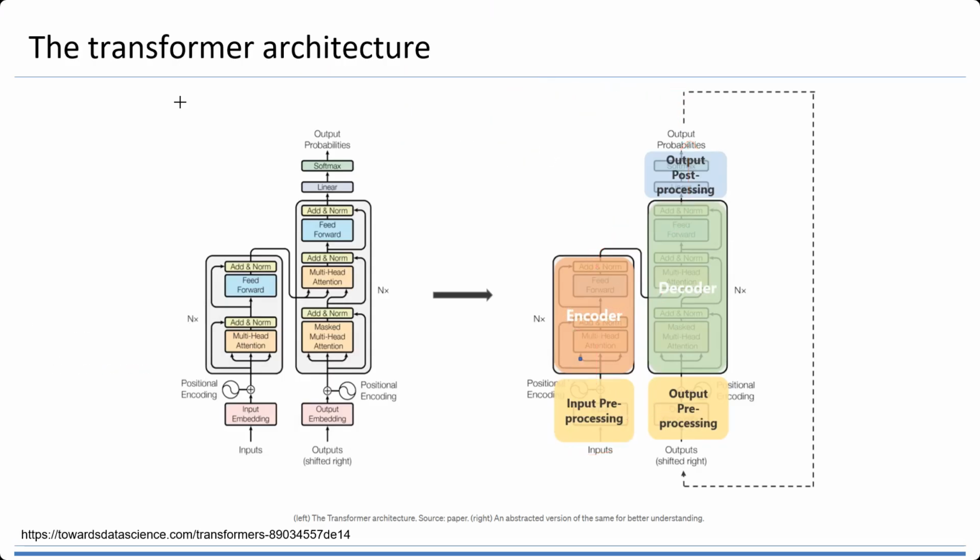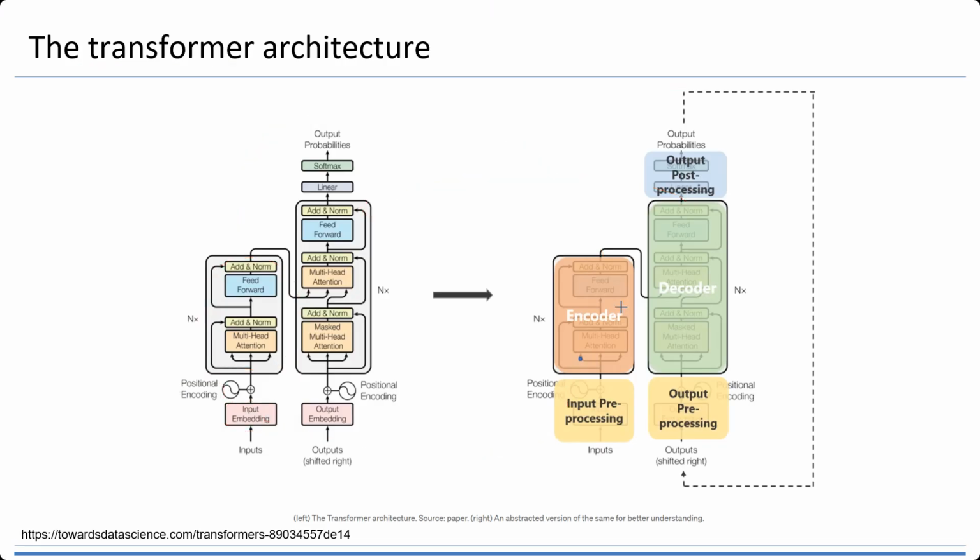And the transformer architecture, we can look into the detail something like this. So this is the encoder part. This is the decoder part. And for each of these, we will do some more processing. For example, in the input section, there will be an input embedding, and then we also do the positional embedding.